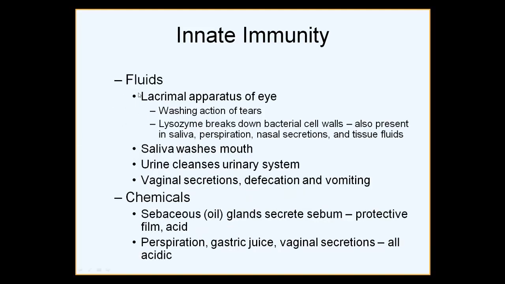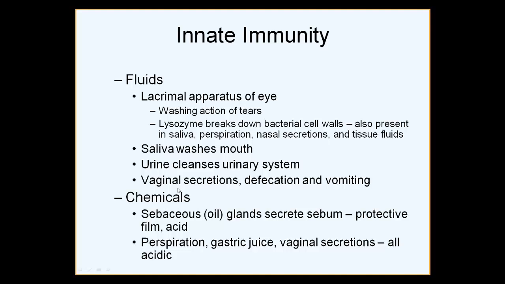Again, we will have fluids. These are hostile fluids to any invasion. They're mainly acidic. The lacrimal secretion has lysozymes and continuously washes your eye. The saliva, the same thing, has lysozymes and cleans the mouth. The urine flushes the urinary system.